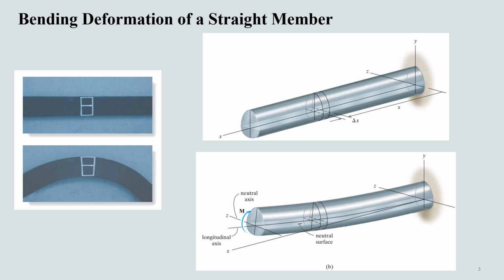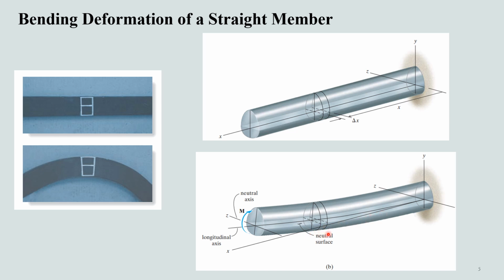From the observations made on the previous slide regarding the distribution of tension and compression within the cross section, we can make three assumptions regarding the way the stress deforms a material. First of all, the longitudinal axis x, which lies within the neutral surface.